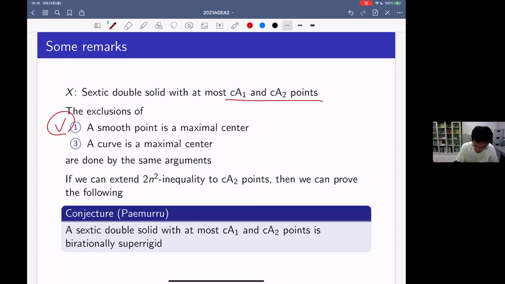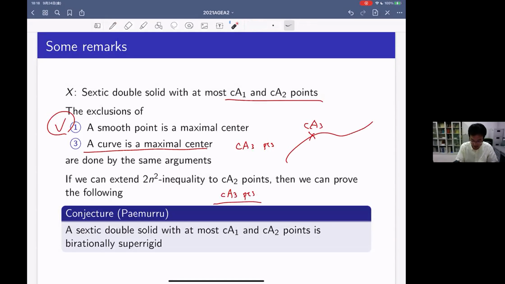But in this case, we have difficulty with the cA3 point. For curves passing through cA3 points, we have no control. Currently we have difficulty even for curves, and for this one, we have no idea how to obtain a generalization of this inequality. So this is essentially more difficult, I think, than the cA2 case.